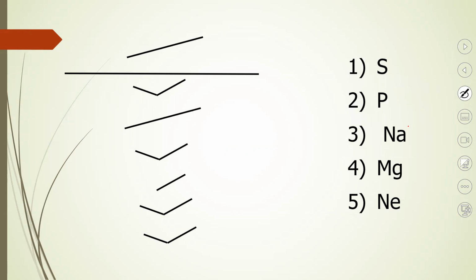Just try to remember here the elements fluorine and chlorine. Here oxygen and sulfur. Here you have to mark the phosphorus, isn't it? Above phosphorus, oxygen, you can mark carbon, silicon, and lithium, beryllium, so sodium.